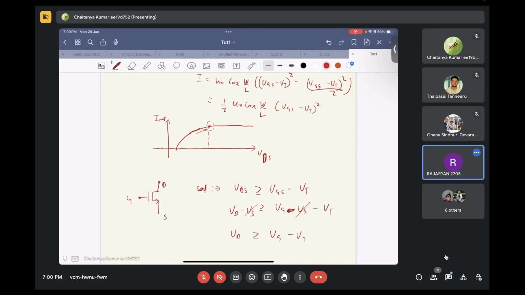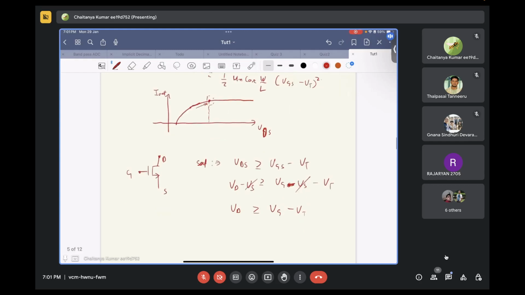So, for quick back-of-the-hand calculations for the transistor to be in saturation, let's assume that the cutoff limit is met. That you just check, and if the cutoff limit is met for the transistor, like the boundary condition for triode and saturation, you must remember this statement: your drain voltage can go at most 1 VT below your gate voltage so that your device remains in saturation.